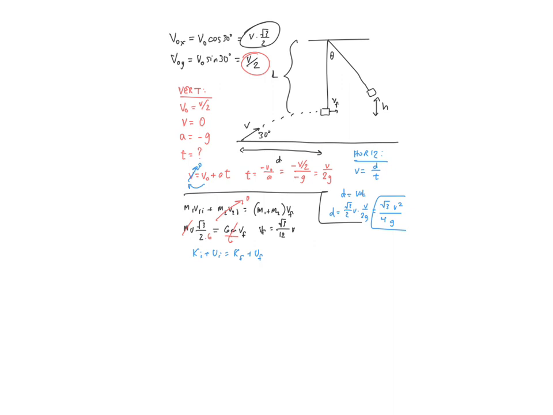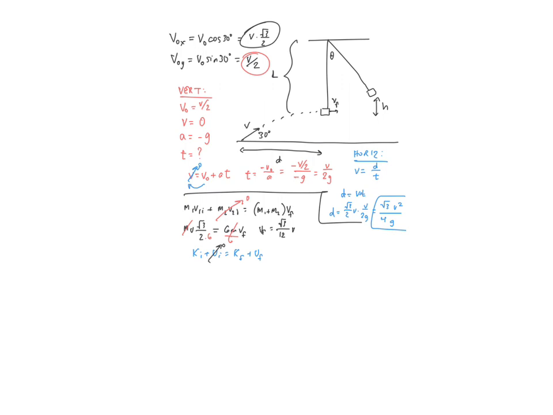The block is initially moving. Remember, this is right after the dart has hit it, so that's caused the block to start moving. So it's going to be a 1/2 mv squared, where this is that v term in there. But this is the lowest point in the path of the block, so we're going to set that initial gravitational energy term to 0.